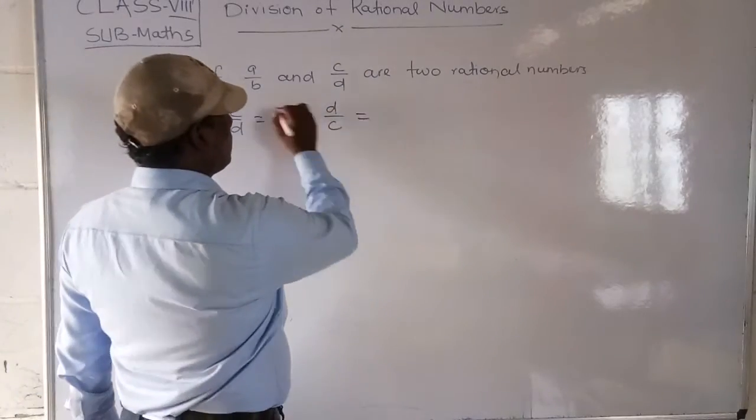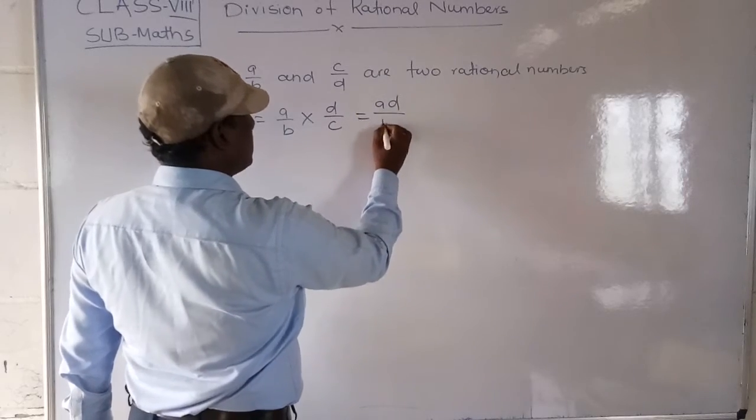We know the multiplication already, ad by bc is the answer.